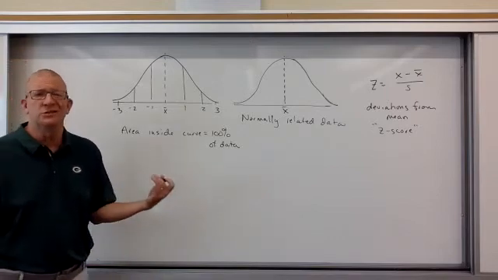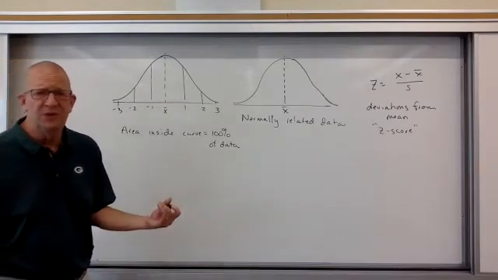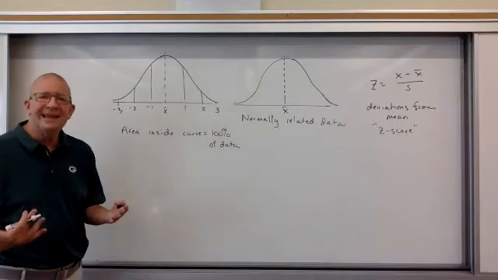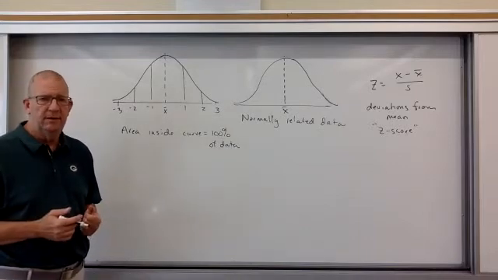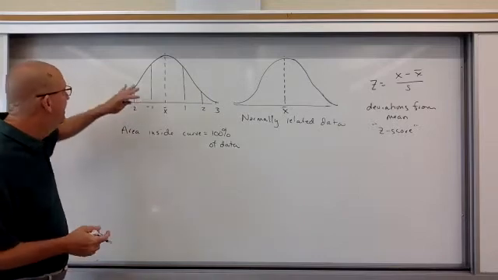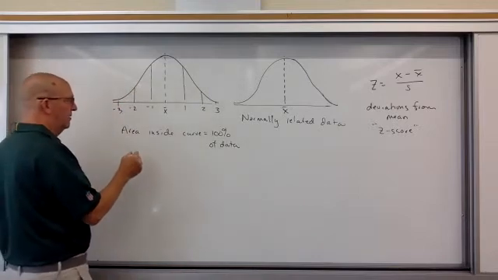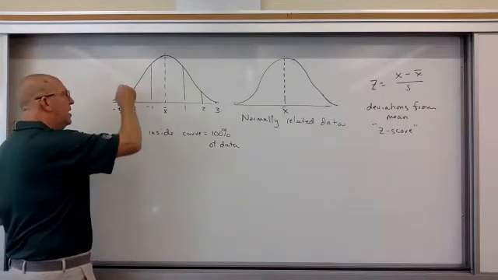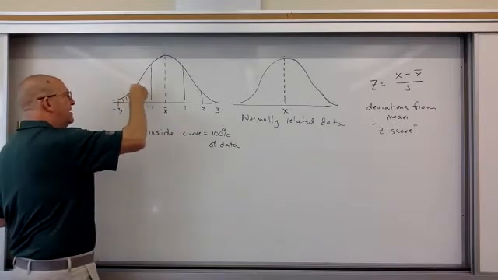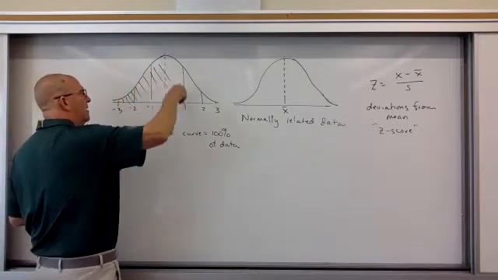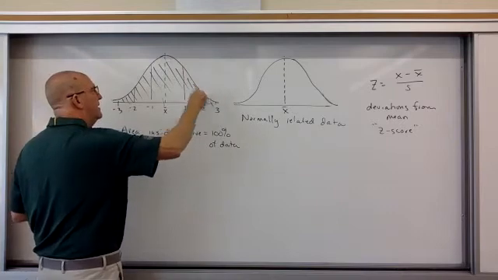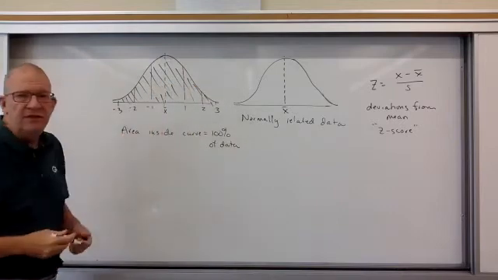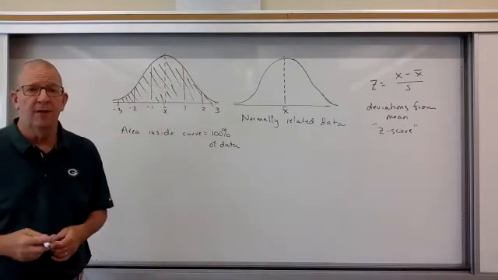Because the calculations really aren't that hard once we start doing them, but I think the understanding is important, okay? Inside here, this is 100% of the data. This is where the percentiles come from.